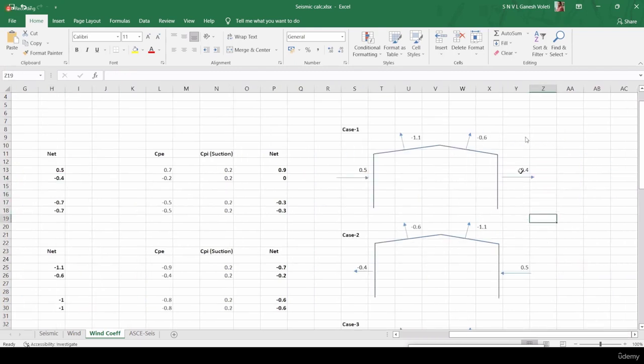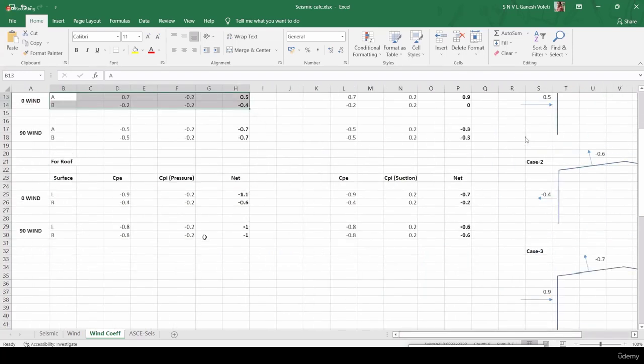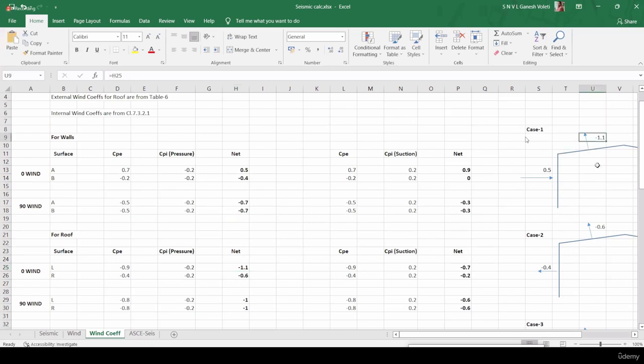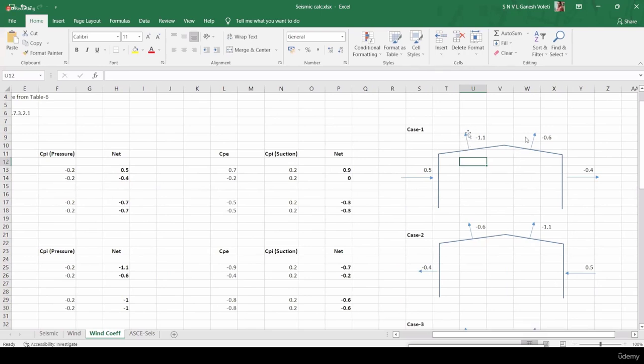The wall case AB is completed. For the roof, the net coefficients are minus 0.1 and minus 1.1, away from the rafter. Minus 1.1, I'm using one arrow here. One thing I want to tell you: the wind coefficients will always be normal to the surface, always perpendicular to the surface only.